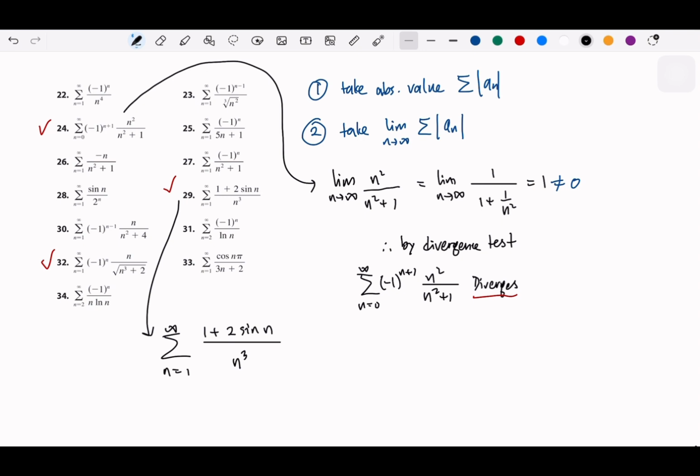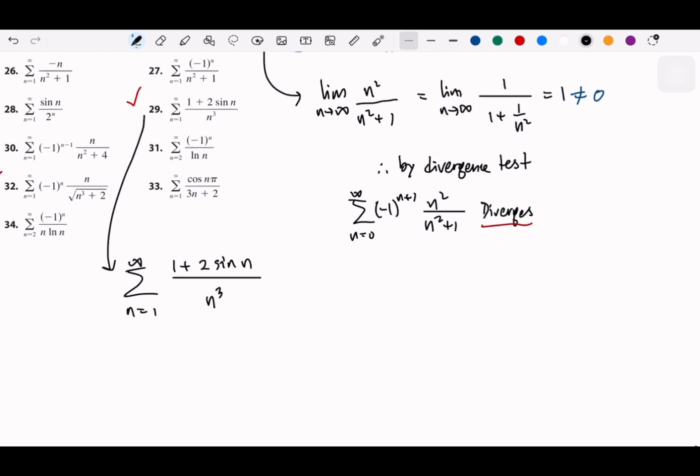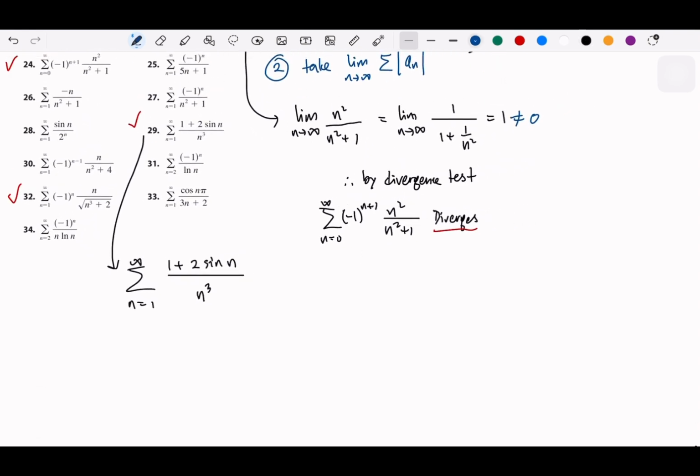So we could start by taking the expression. Let me write here. We can take the expression and take the absolute value for the a_n.